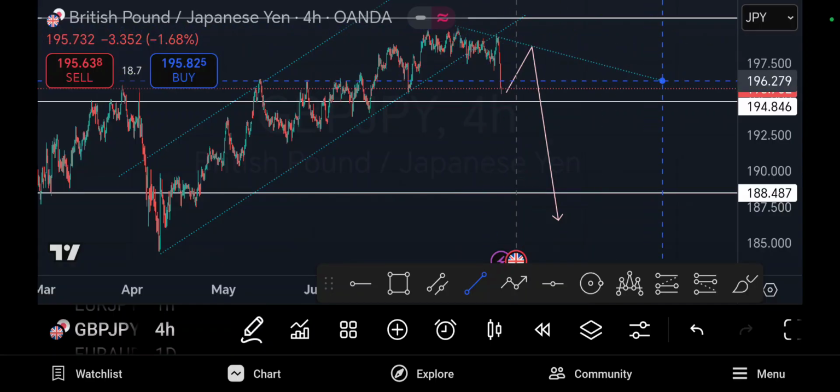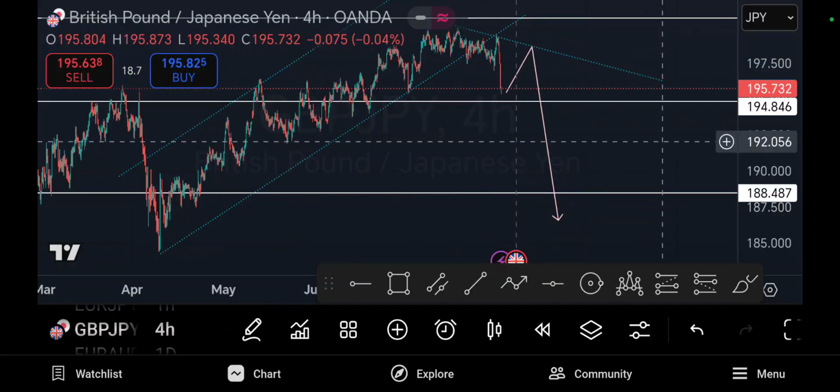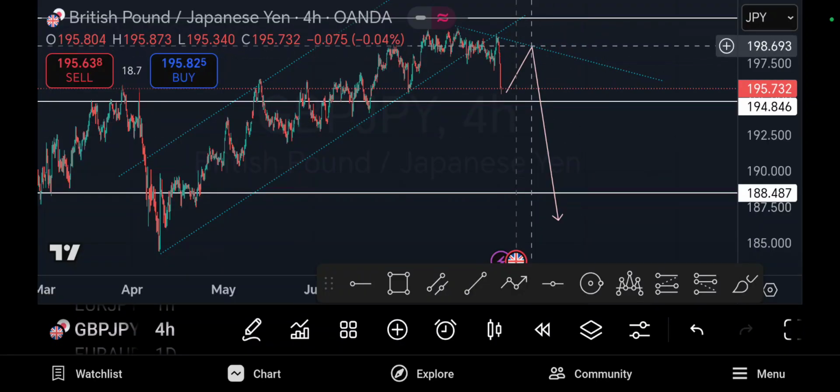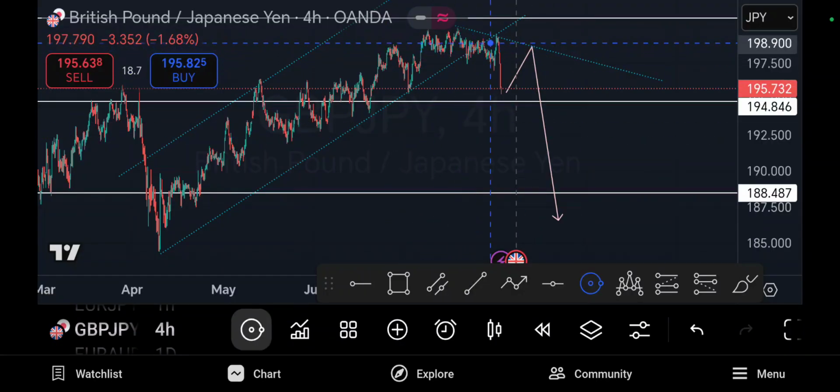See, like that. I'm adding something here. This is a different strategy from price action, and it's almost the same thing, but it's not.